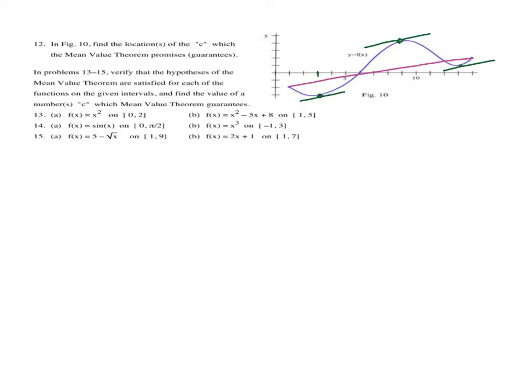So again, on number 12, I have to tell you that f of x is continuous through the interval. It's going from 1 to 14. I must tell you that f of x is differentiable from 1 to 14. And I know it's continuous because there are no holes, no jumps, no other discontinuities.